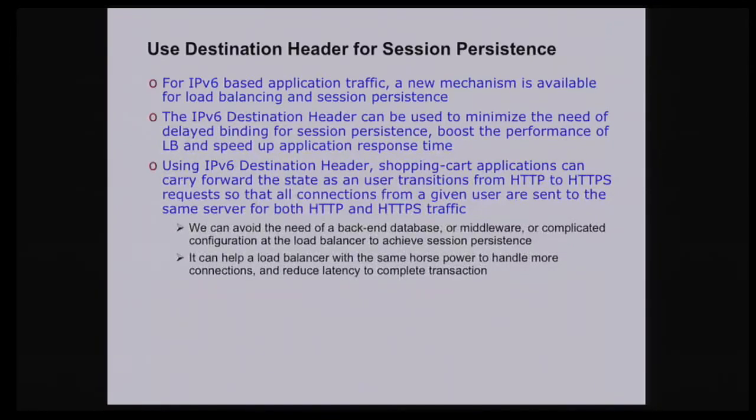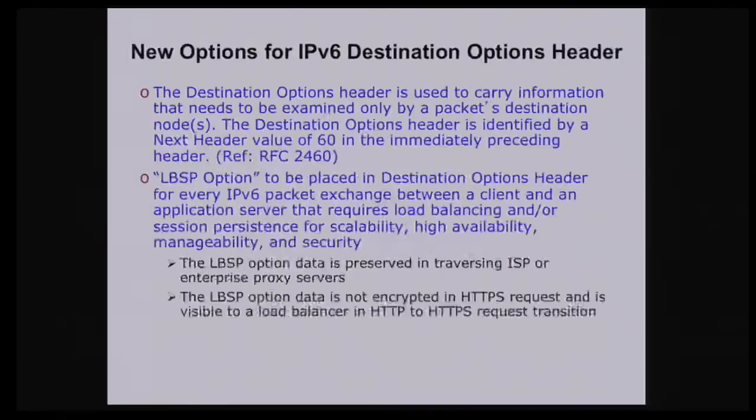So V6 is coming, and it makes sense that we look into a way to improve load balancing in the upcoming IPv6 world. The destination option is defined in RFC 2460.